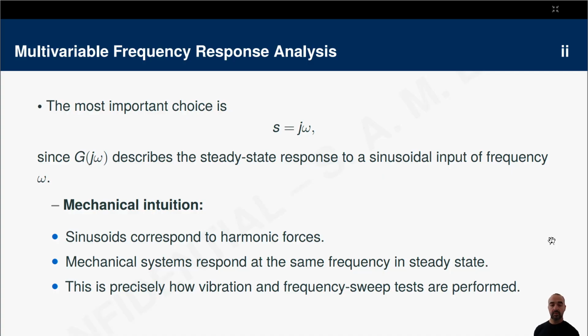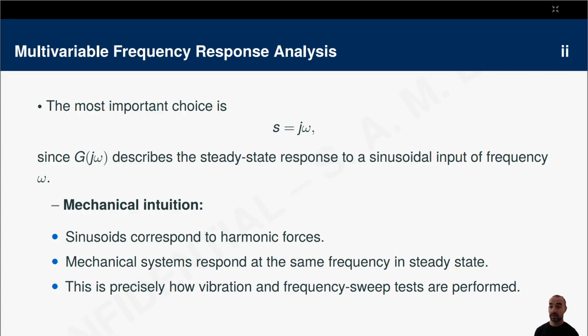Now you're comparing steady state amplitudes and phases, and to compare them, you're essentially setting s equal j omega. This is what we are looking at.